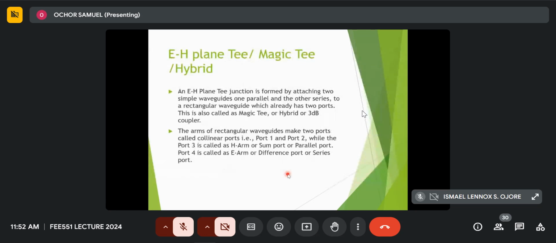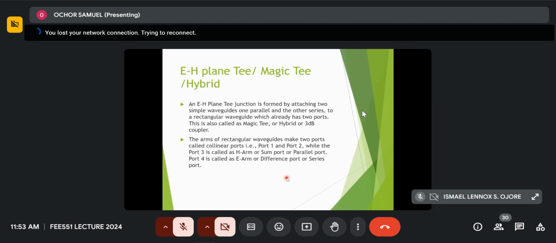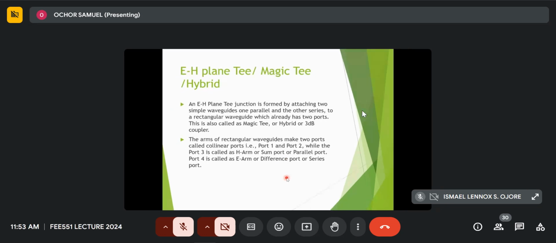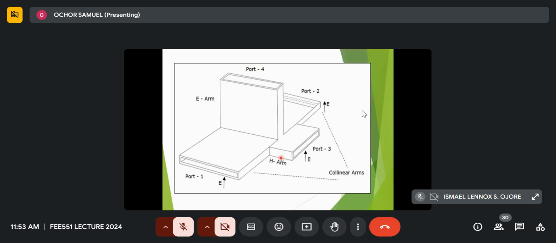we can look at the last one, called the magic T or the hybrid, and it is a combination of those. We have an E arm which is parallel to the rotation of the E field, and there's going to be a side arm, the H arm, which is going to be parallel to the H field.